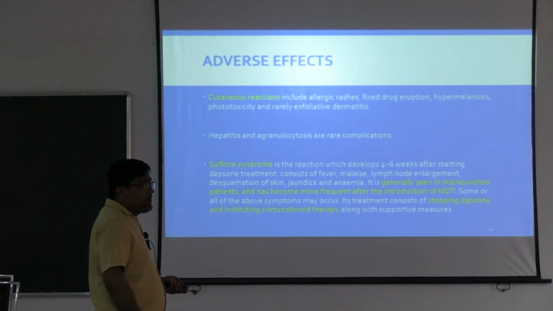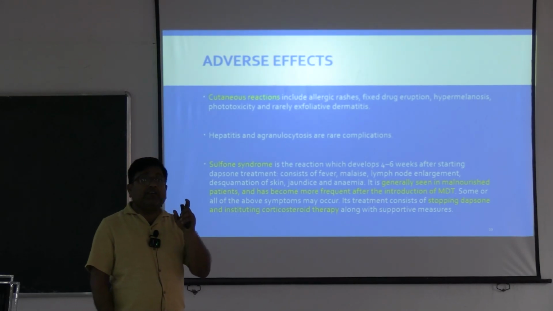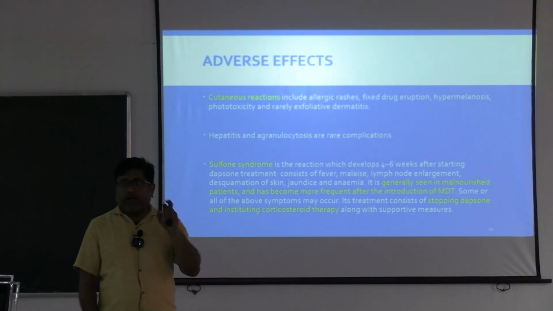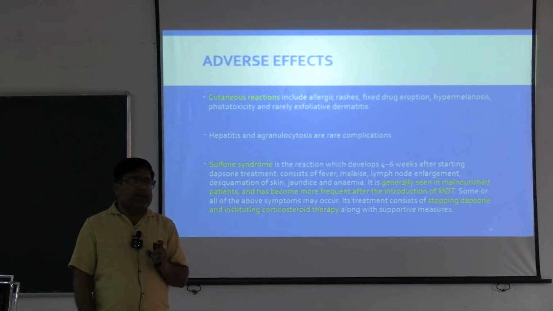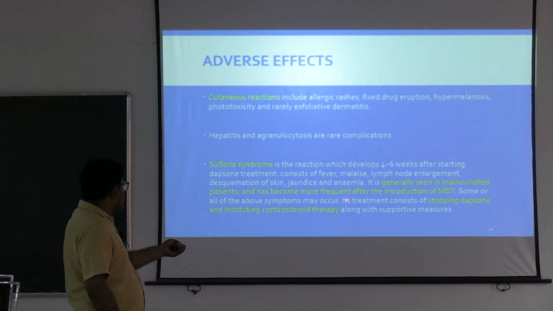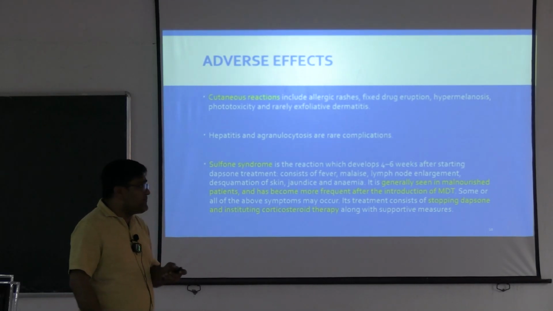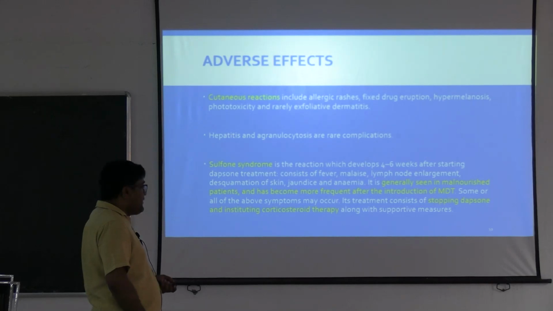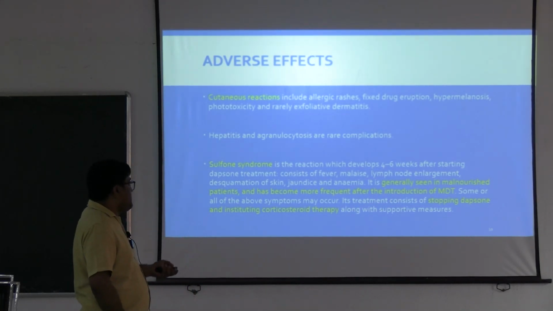Hepatitis and agranulocytosis are rare but serious complications, and there is a term called sulfone syndrome that occurs after the institution of Dapsone therapy, seen after around 4 to 6 weeks of therapy. It consists of fever, constitutional symptoms, body ache, lymph node enlargement, desquamated skin, jaundice and anemia.